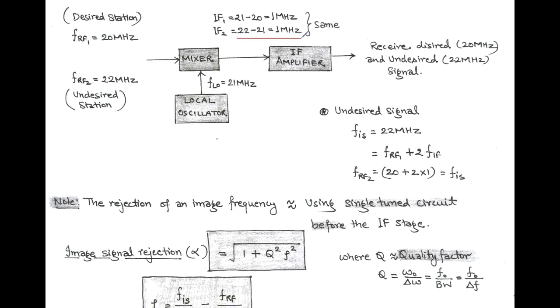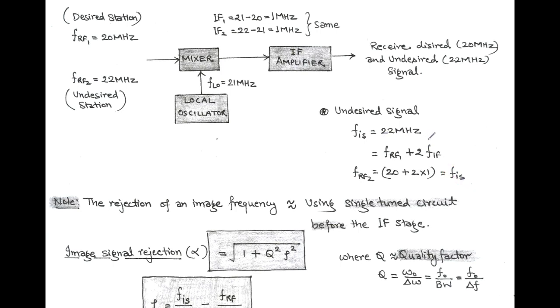So in this situation, the intermediate frequency amplifier is unable to distinguish the intermediate frequency of the desired and undesired station and treats the undesired signal as an image signal, that is equal to 22 MHz.